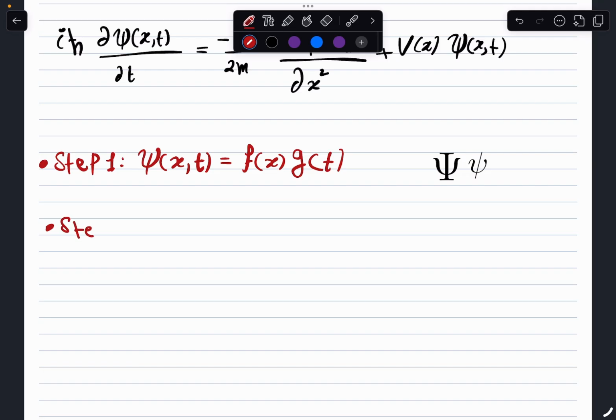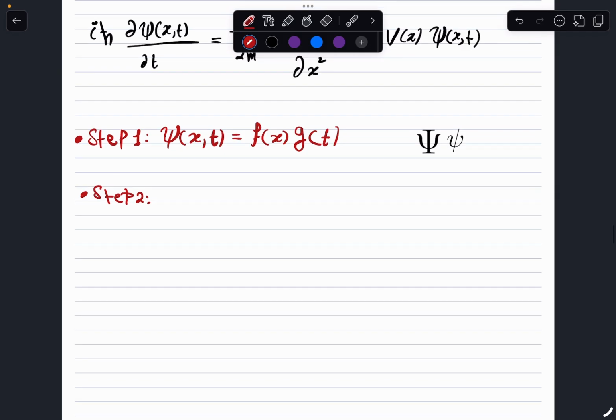Step 2 is just to plug the answer back into the Schrodinger equation.